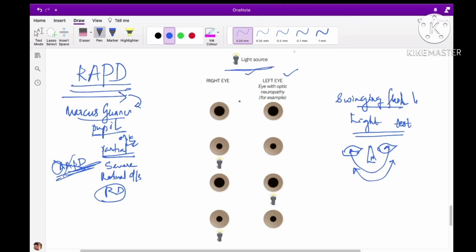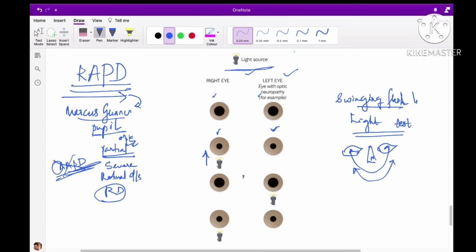In that background illumination, both eyes are dilated. Here the left eye is involved. Now first we are showing the light into the normal eye, the suspected defect is in the left eye, so we are throwing it to the normal eye. Okay, the direct and the indirect or the consensual light reflex, we got both are constricting.